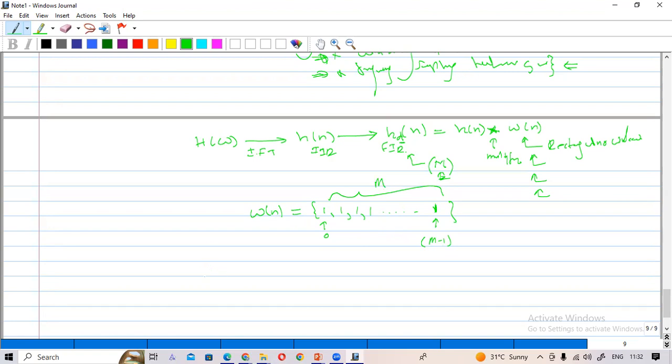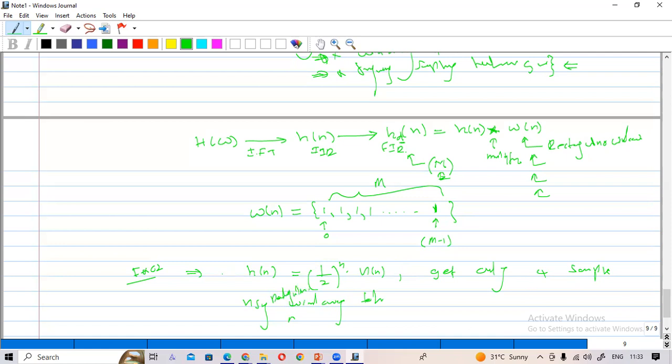Let's take example 2 again. Let's say you are given h[n] equal to half to the power n, u[n]. Then you are asked to get only 4 samples using the rectangular windowing technique.